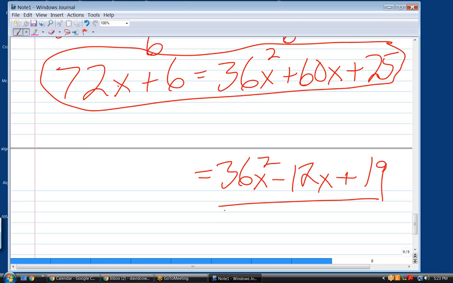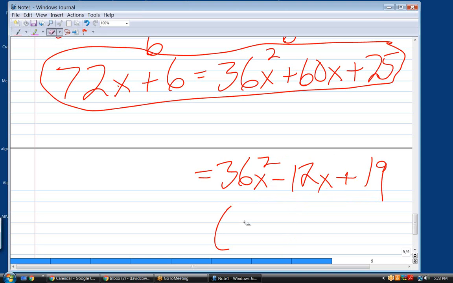And if I have a chance of factoring it, wow, there's no way. There's no way I'm ever producing that as a middle term having minus 19 and minus 1, which is what my numbers have to be.